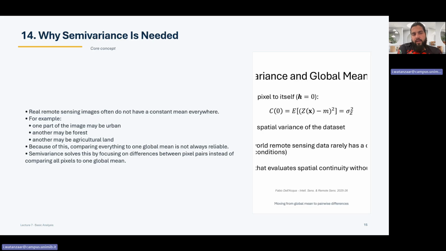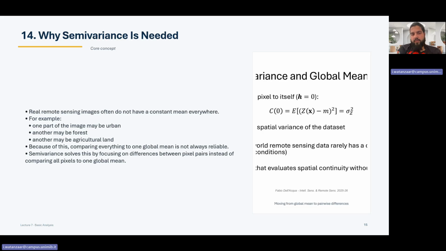So, the need for semivariance: remote sensing data or images often do not have a constant mean everywhere. In covariance, we took the mean as an example, step by step looking into neighboring pixels, taking an average and increasing and looking into that. But with semivariance, the covariance is not constant all the time.